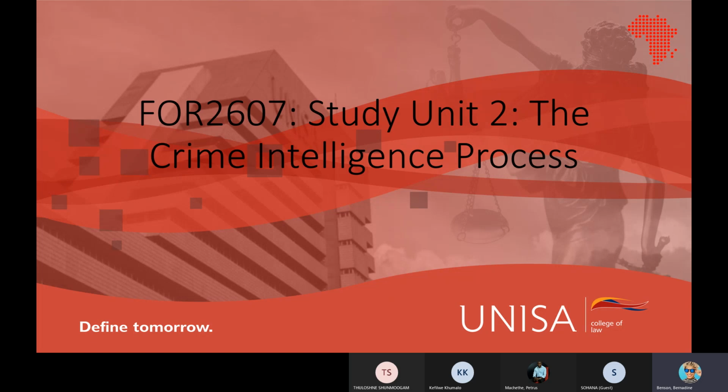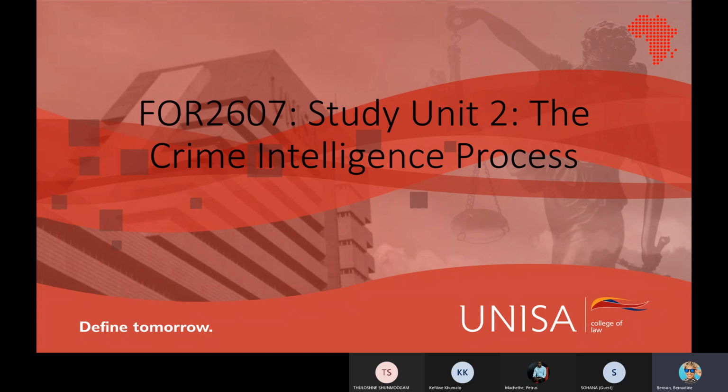Okay, so study unit 2 is obviously following on study unit 1. In study unit 1, we looked at what is intelligence as an entity. We looked at what are the 3 different types of intelligence: strategic intelligence, tactical crime intelligence, and operational crime intelligence.